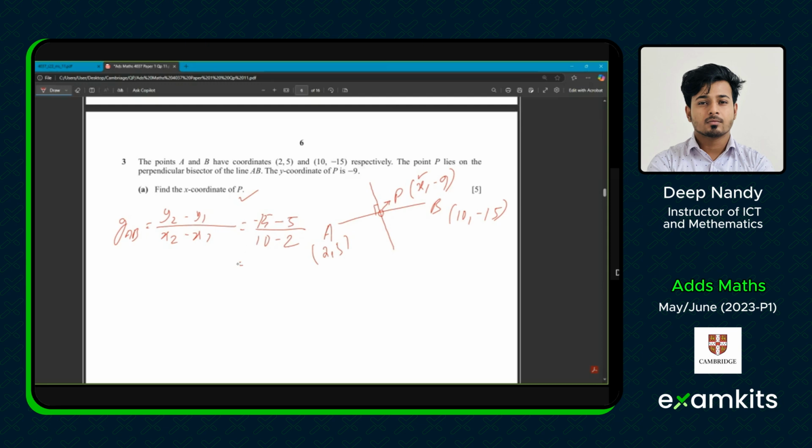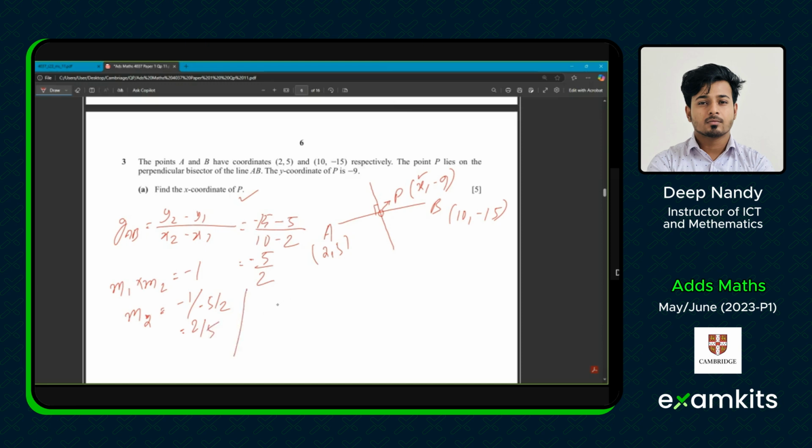That means minus 20 over 8, it's minus 5 by 2. Now, as it's perpendicular, m1 times m2 equals negative 1. So m2 equals minus 1 divided by minus 5 by 2, giving a value of 2 over 5.